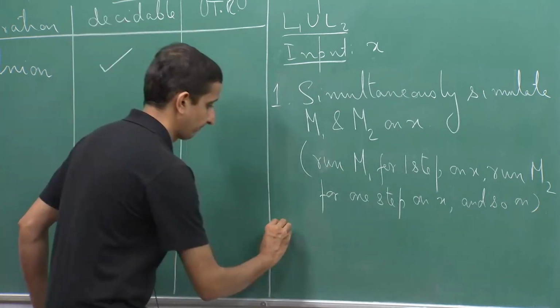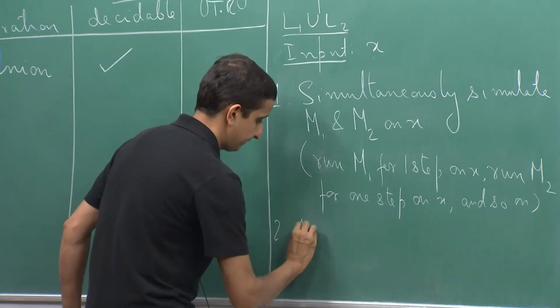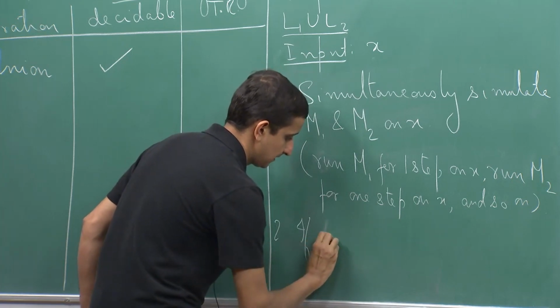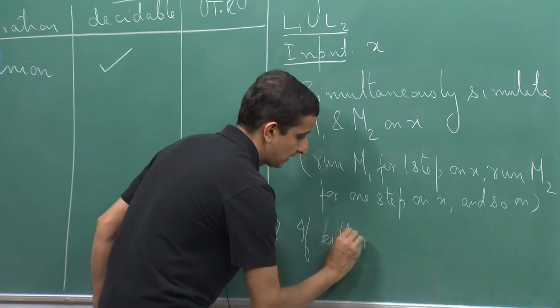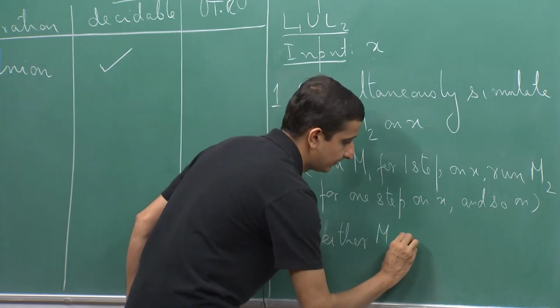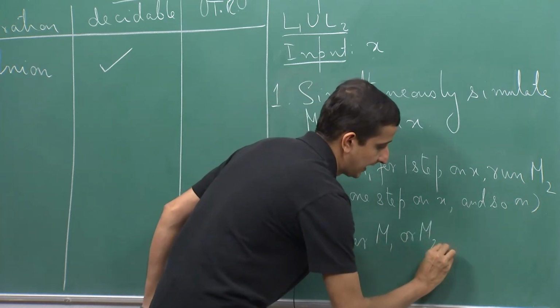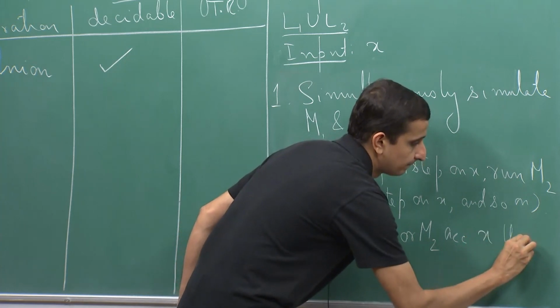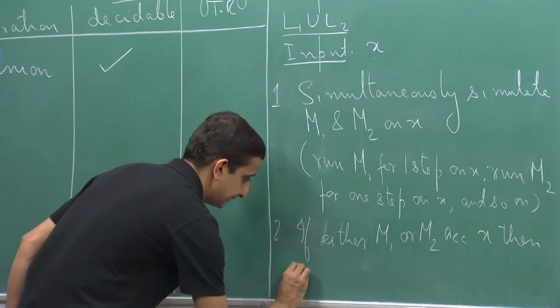If either M1 or M2 accepts x, then accept.